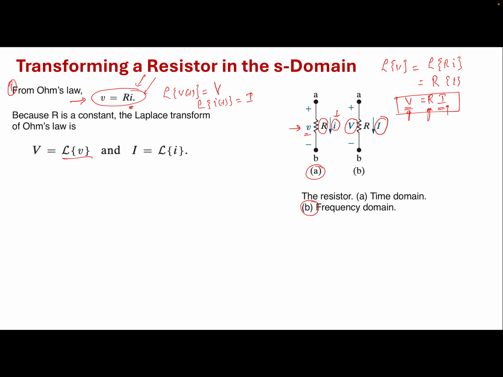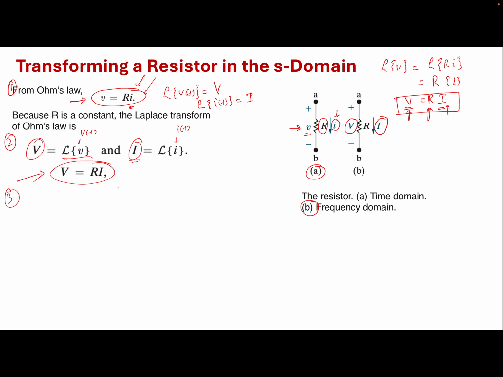In the time domain, this is V of t, this is I of t. So you get capital I, the Laplace transformed current, and the voltage, and you get Ohm's law back. Now, interestingly, the first step was writing the VI relation, the second was applying the Laplace transform to that equation, and the third one is building a circuit.